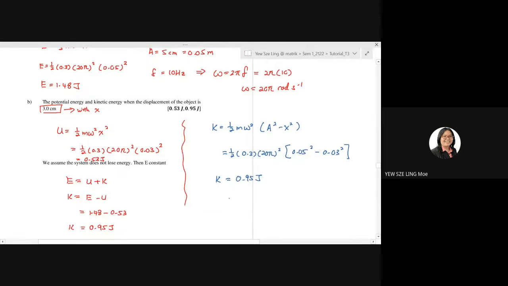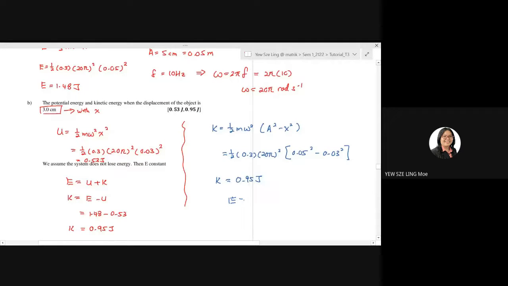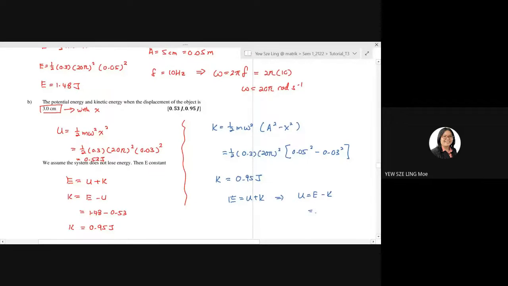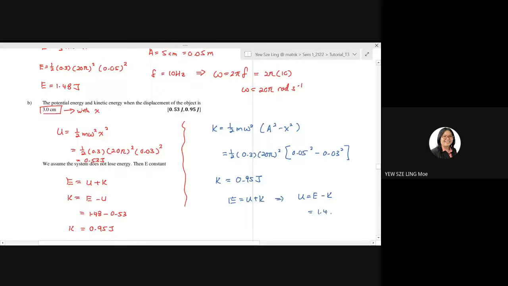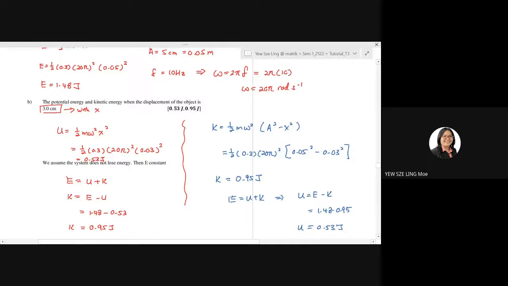From here, you can use E equals U plus K, U equals E minus K, which is then equal to 1.48 minus 0.95 joule. Therefore, U is equal to 0.53 joule. Also can.